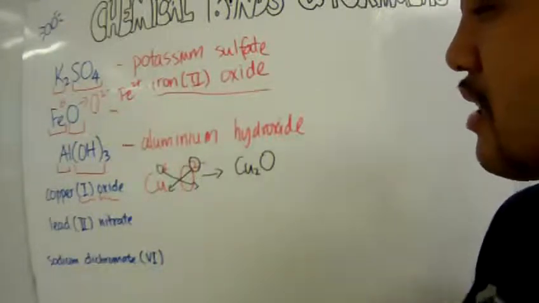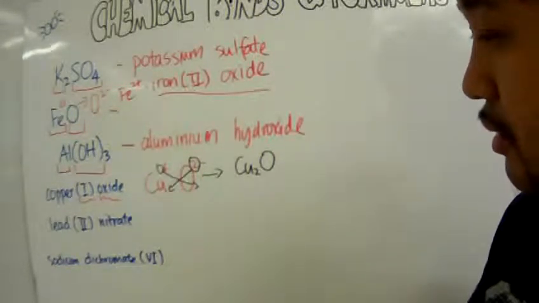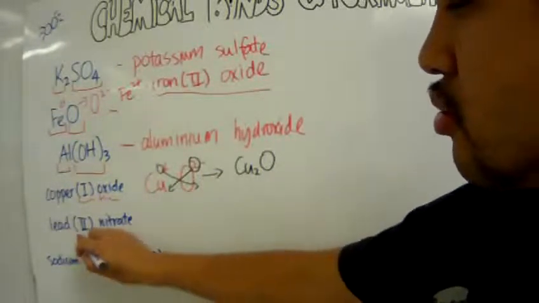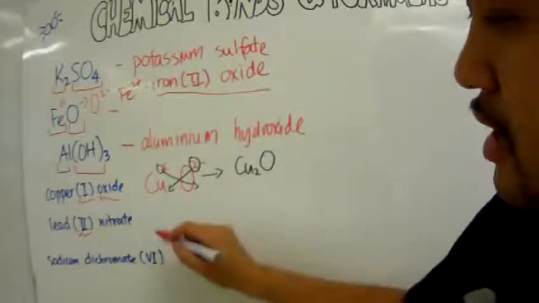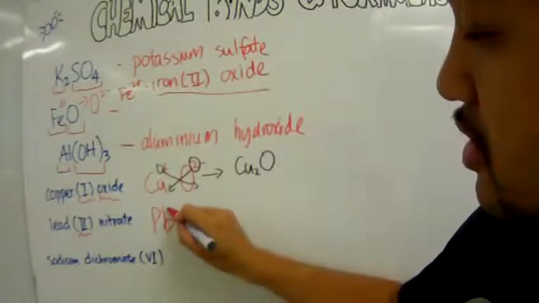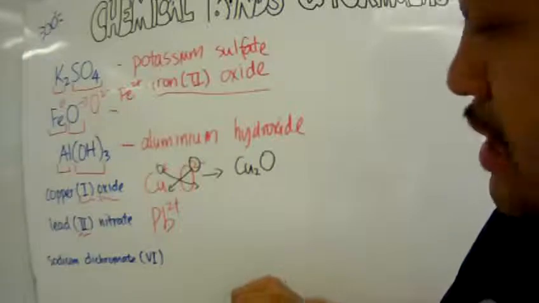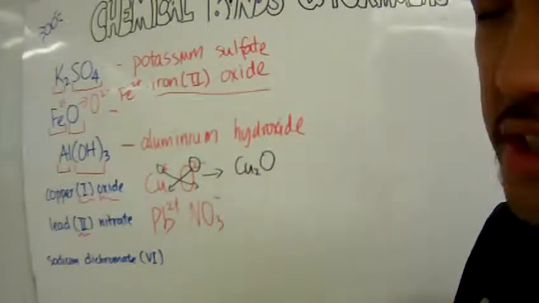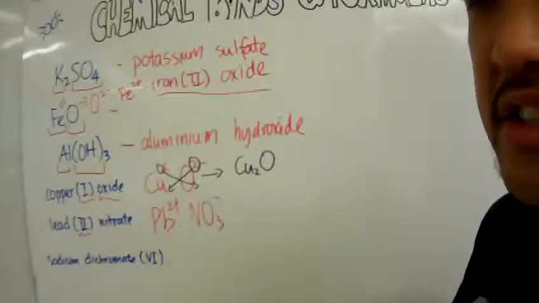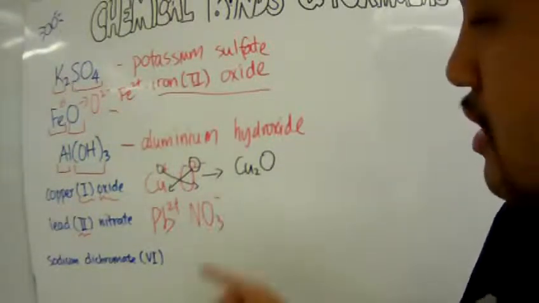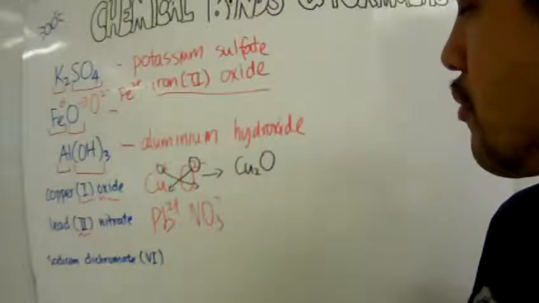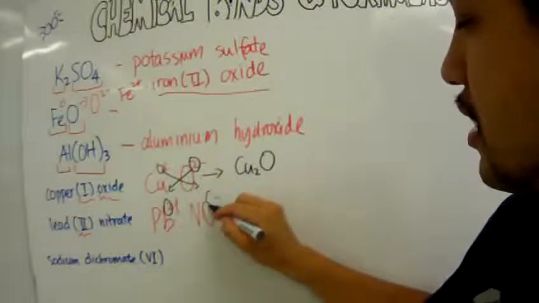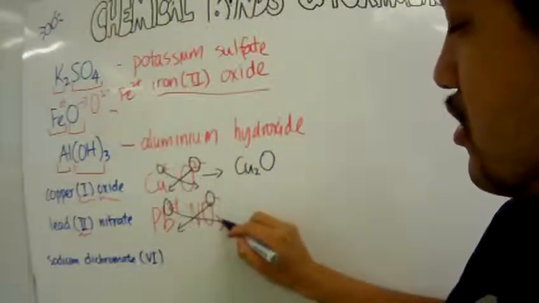What about this one? Lead(II) nitrate. Well, lead(II), now we know the charge for lead, so it's Pb2+, that's lead. And nitrate, from our list that we've remembered, has this formula NO3 minus. And so when we do the drop and swap, we take the coefficients and we're going to drop them.